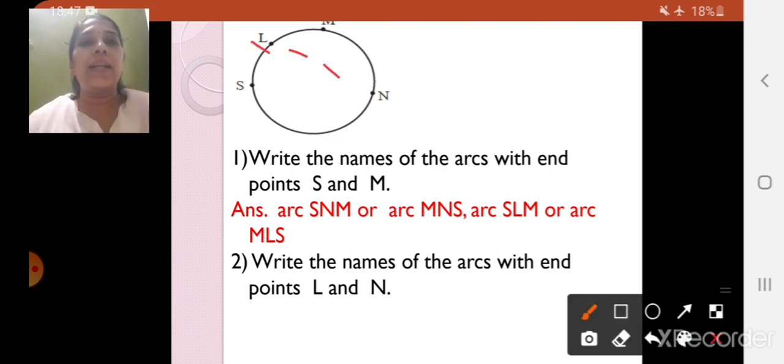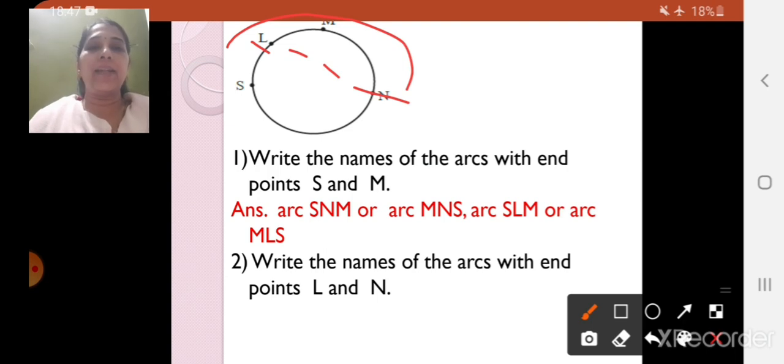So let's make a line over here. So I have made a line between the points L and N. So your first arc will be L, M and N, or you can write N, M, L. Either way you can write. And the second arc will be L, S and N or N, S and L.